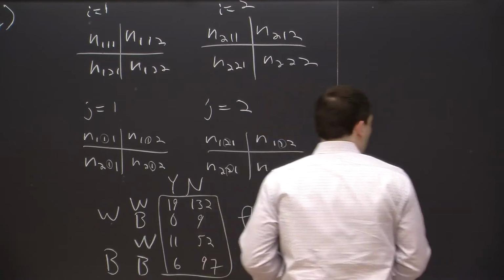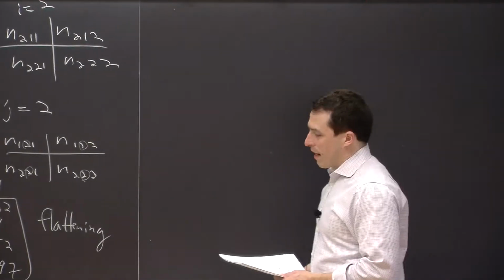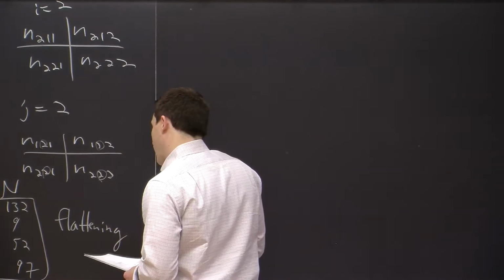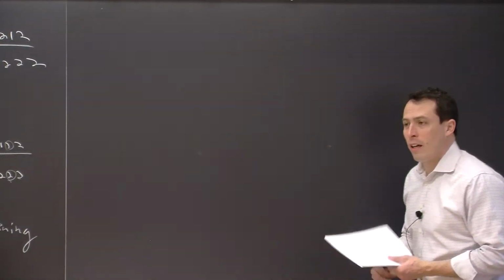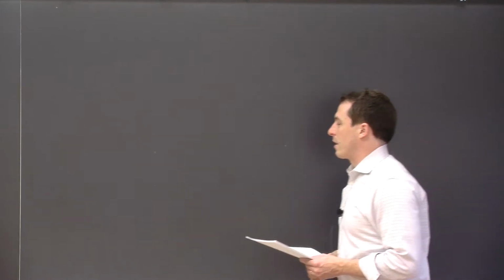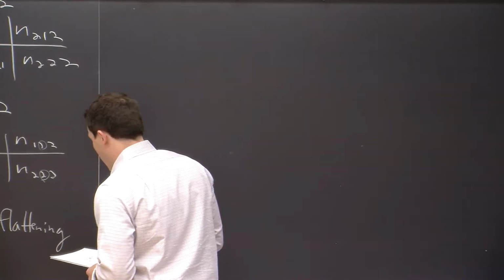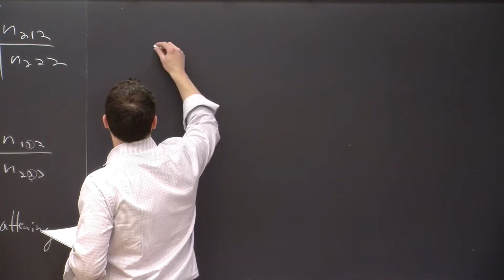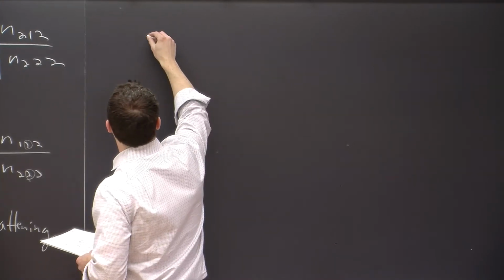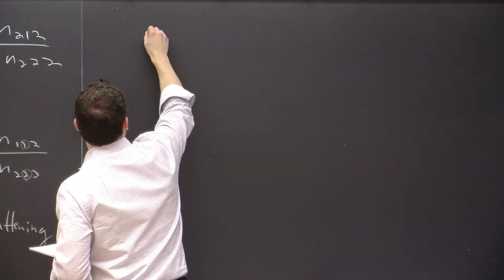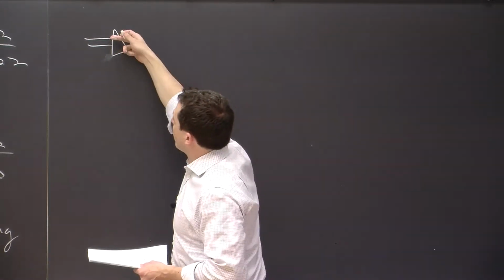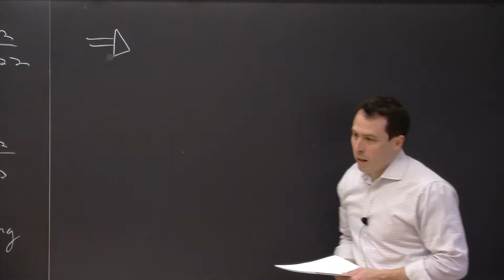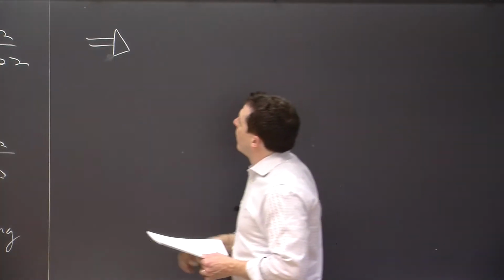There are some little pictures that I like to draw to keep track of this, which I'll occasionally use, and which are, for the purposes of this class, just a convenience, although they're certainly a more formal object. One way you could think about this is that a two-way table is like having two factors coming out of some true table.